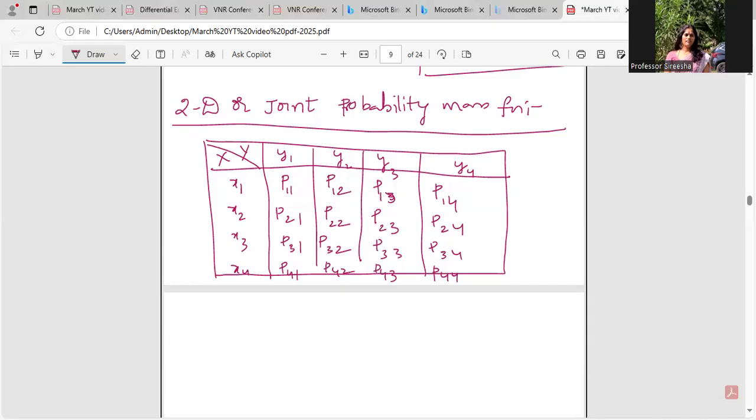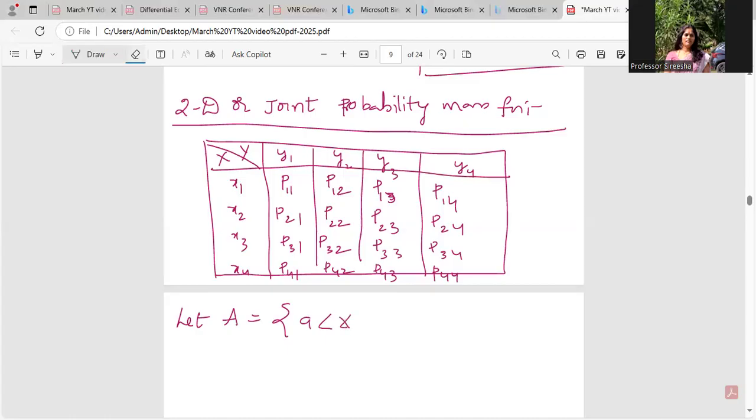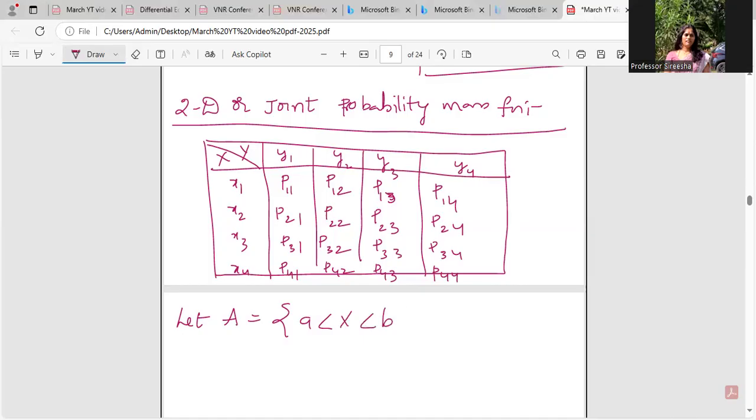Suppose I have the events like this: A less than capital X less than B, and C less than Y less than capital D. These are two events.